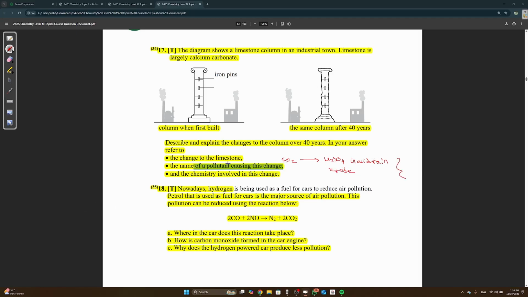The change was erosion. The chemistry involved is this, which reacts with carbonate in the limestone. Okay, that is the chemistry behind it.